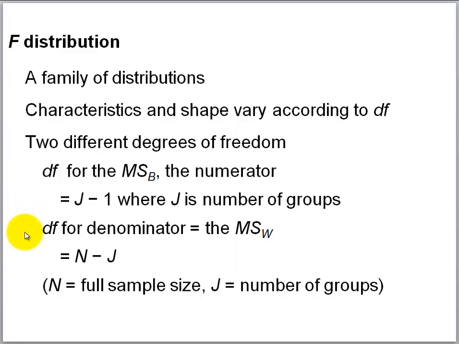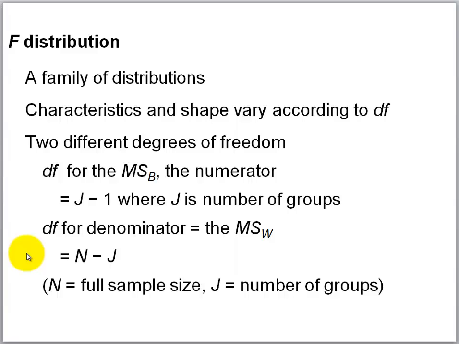Degrees of freedom for the mean square within are computed by taking the sample size n, that being the full sample size, all persons in all samples in the study, and subtracting j. So suppose, for instance, that you had 3 groups, which is the same as to say you had 3 samples. There were 30 in each group.